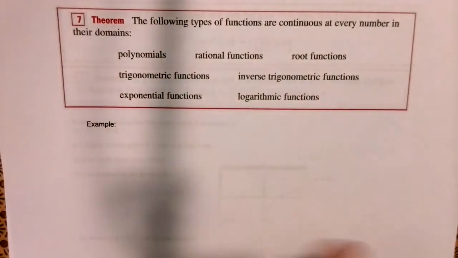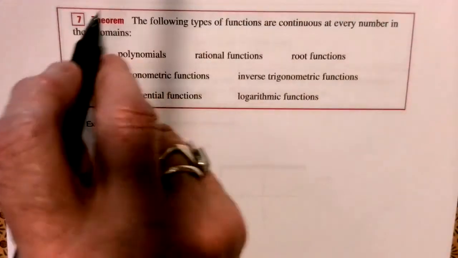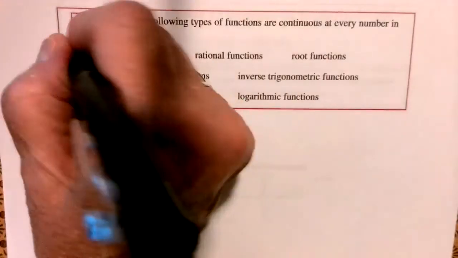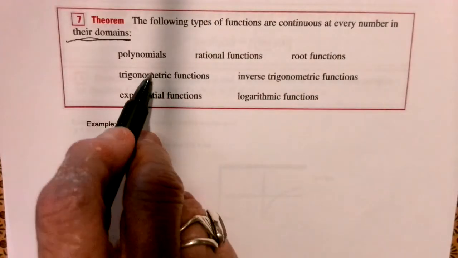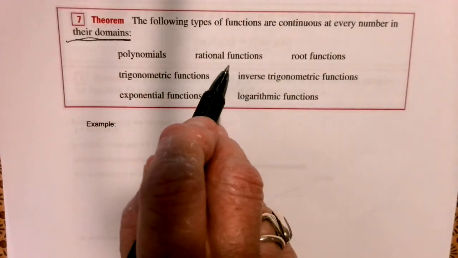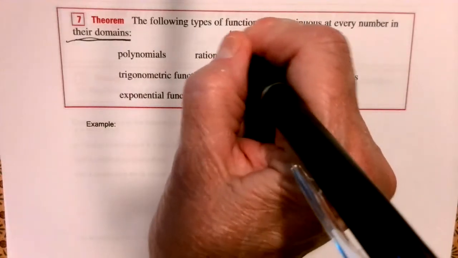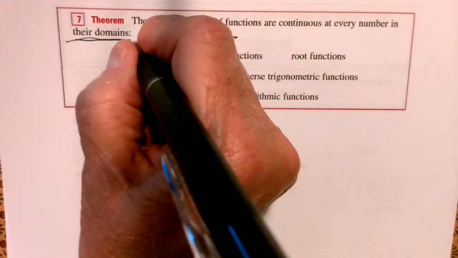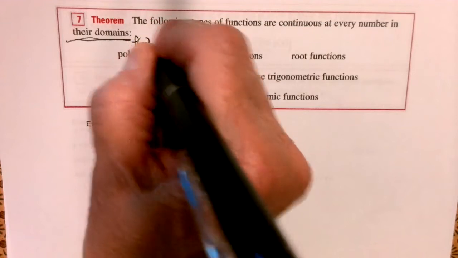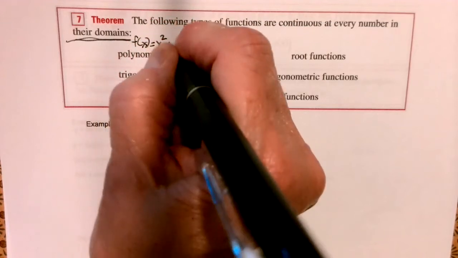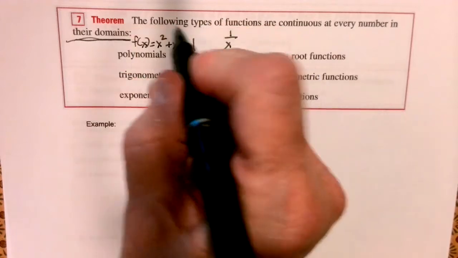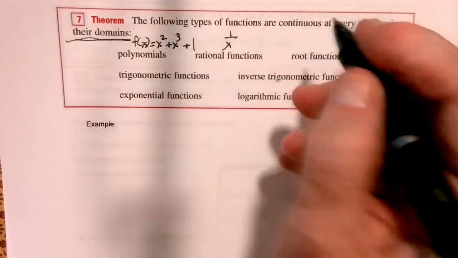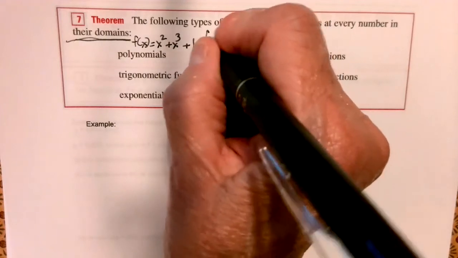Okay, so the following types of functions are continuous at every number in their domains. This is an important part: it's the numbers that are in their domains. Polynomials, rational functions, which are like 1 over x. Polynomials are like f of x equals x squared plus x cubed plus 1, where you're just adding powers of x and some constants.